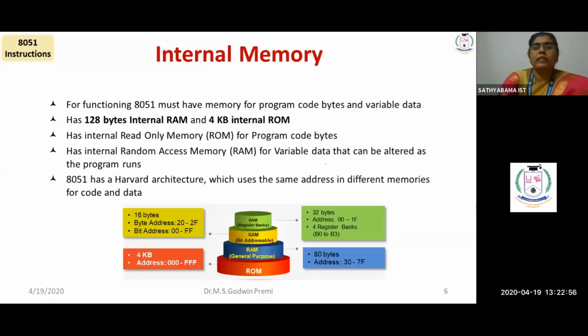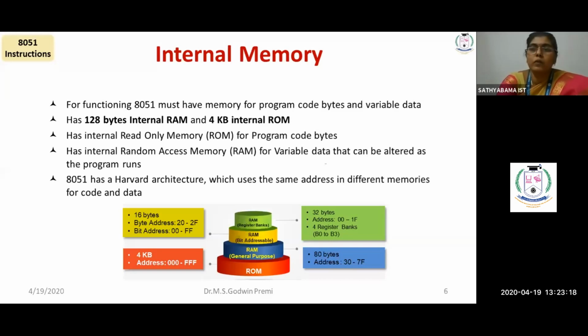Coming to the next, the internal memory organization, because we are going to perform some operations, some data to be stored, some operations to be executed based on what we want to perform. So we need some place to do that. Where we want to store the data, that is the memory.